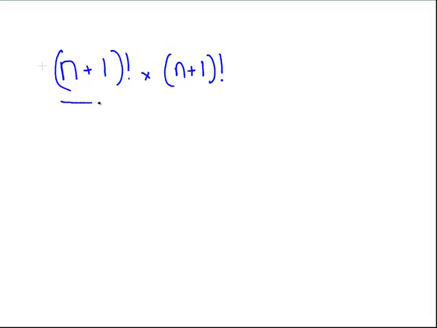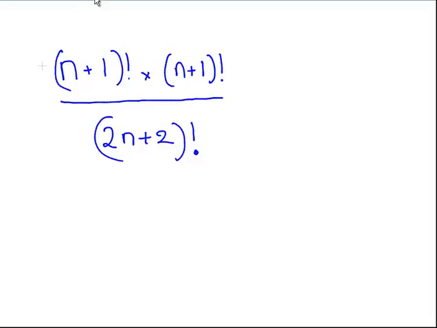So u of n plus 1 is (n plus 1) factorial times (n plus 1) factorial all over (2n plus 2) factorial.